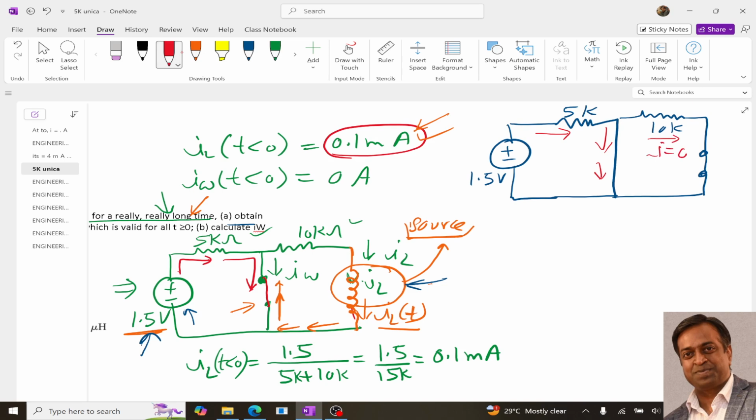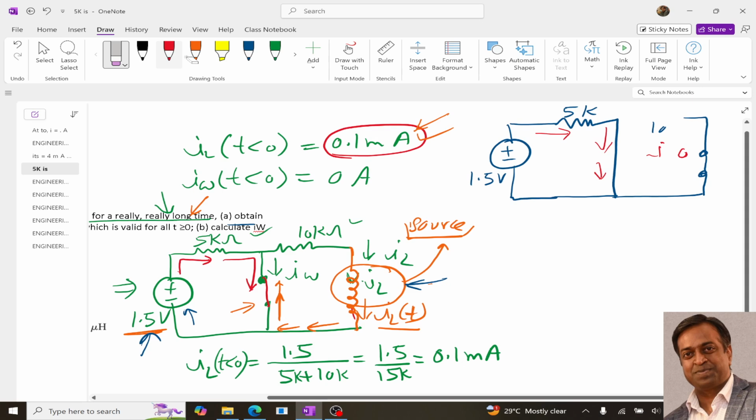Over here I will be 0. Since I is 0, we can simply remove this part of the circuit. So overall we are left with this part, right? For this particular case, we can determine IW, let it be IW dash.